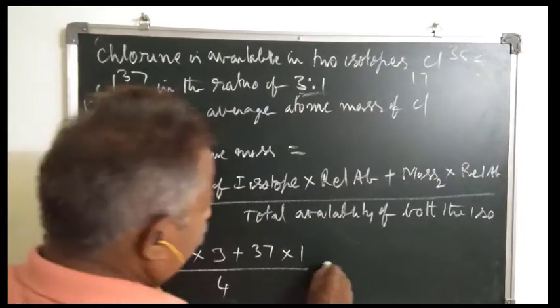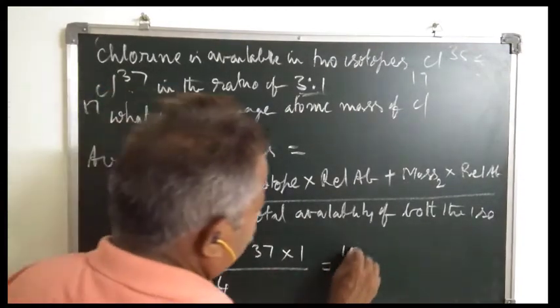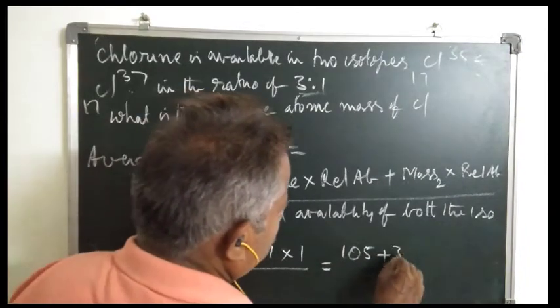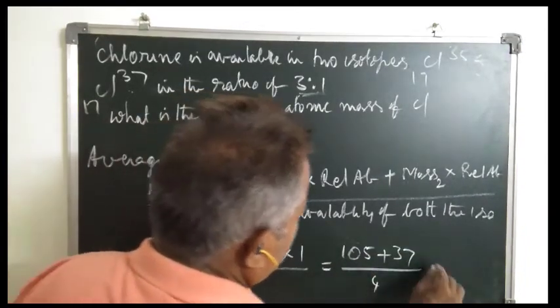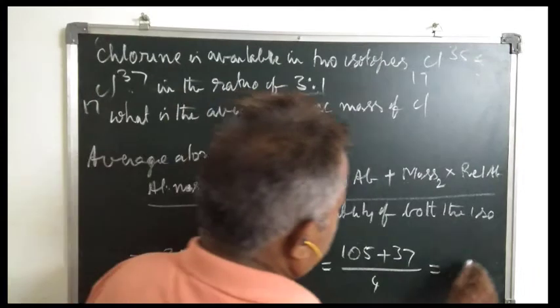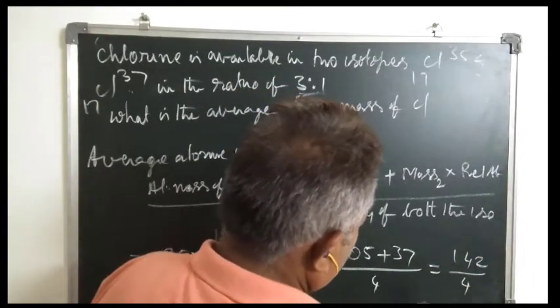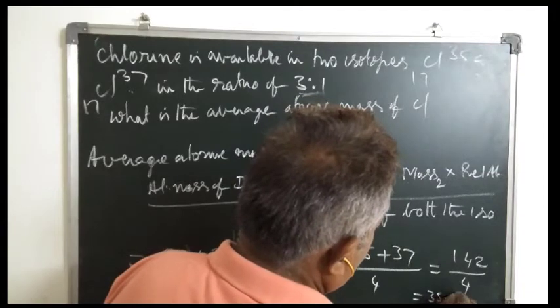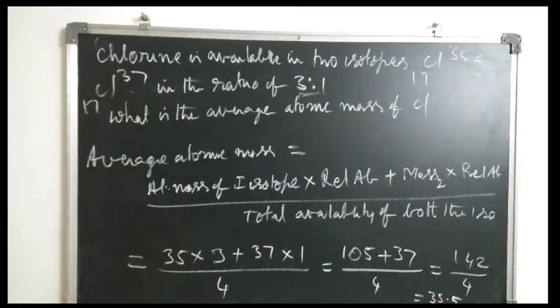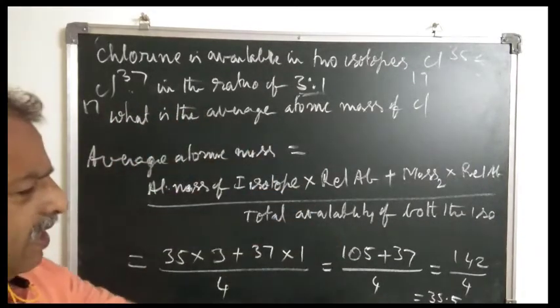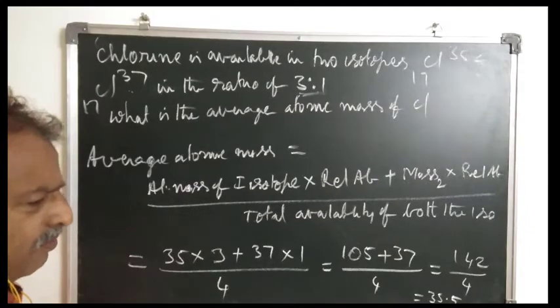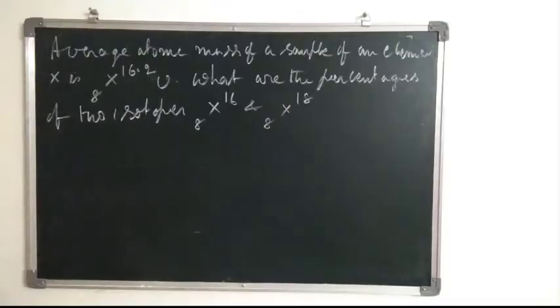Okay, now simplify: 35 into 3, 105, plus 37, by 4, equal to 142 by 4, this is nothing but 35.5. So average atomic mass of chlorine is 35.5.